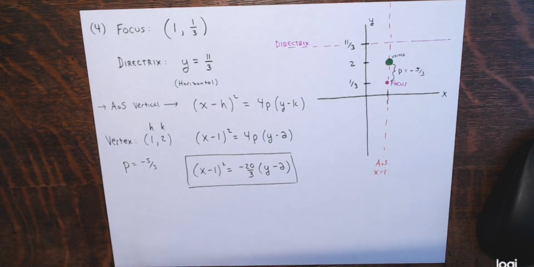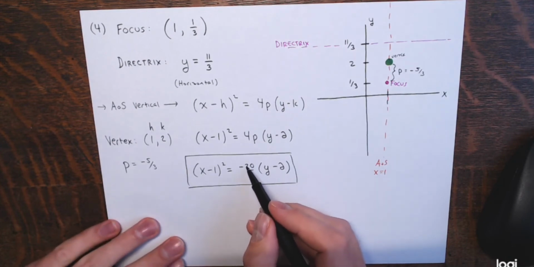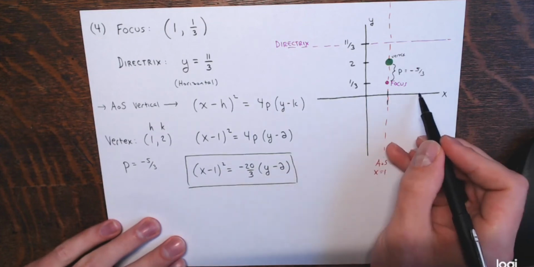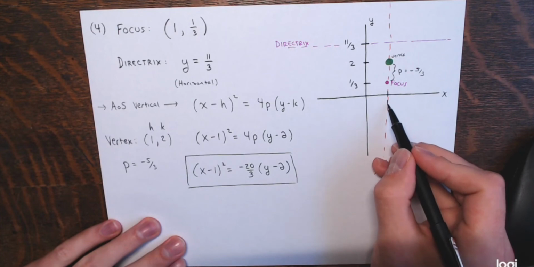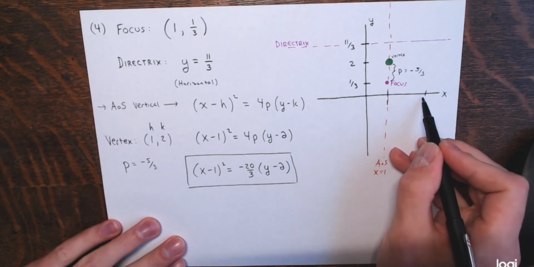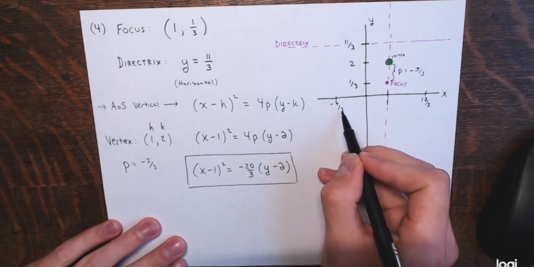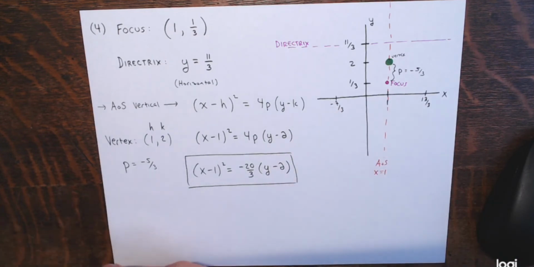Now, if you wanted some other points on the parabola, take 20/3 here, the absolute value of 4p, cut that in half, that's 10/3. And I go right and left from the focus 10/3. Now 1 is 3/3, so if I go right 10/3, that's 13/3. If I go left 10/3, that's negative 7/3. And I get a couple points on the parabola.